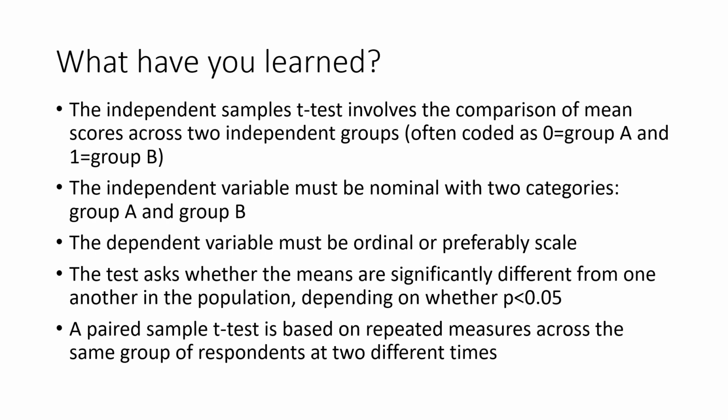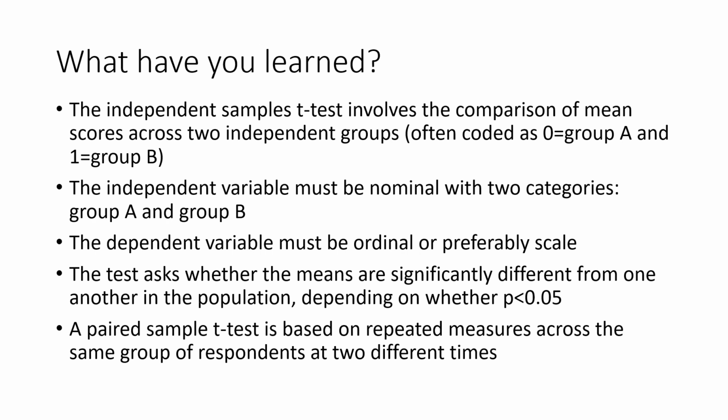So if you have more than two categories, we can't use this test. And the dependent variable, the outcome variable, has to be either ordinal or preferably scale. And the reason it has to be ordinal or scale, in other words hierarchical, is that we need or prefer to have the distribution look roughly equal.